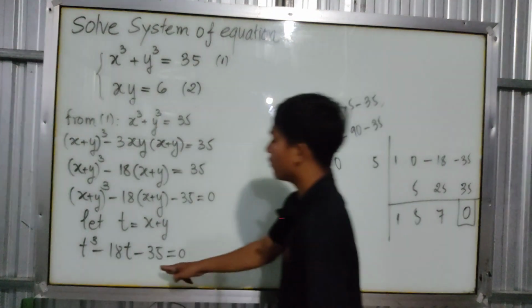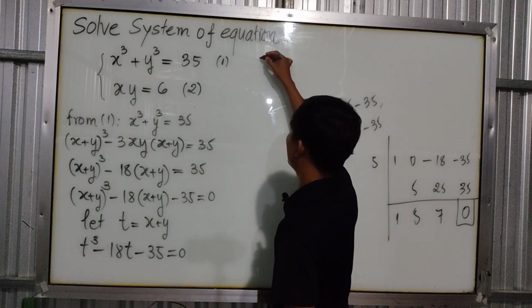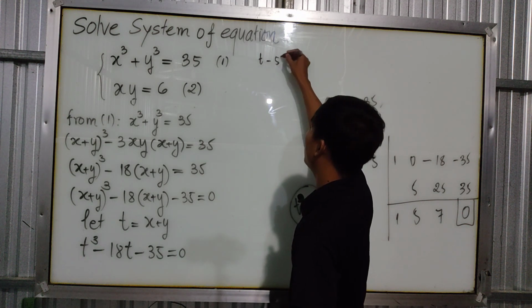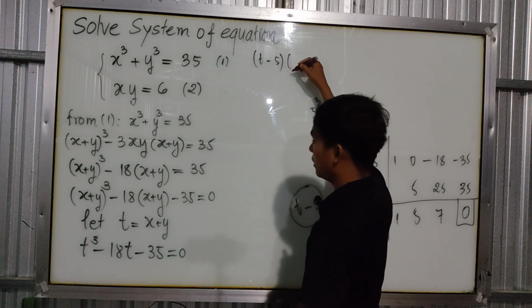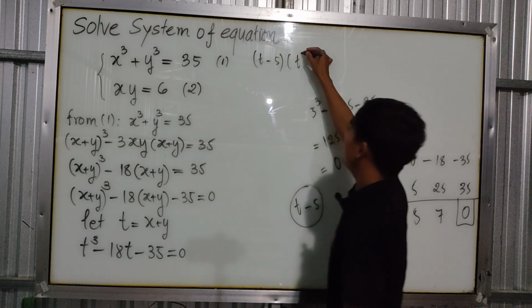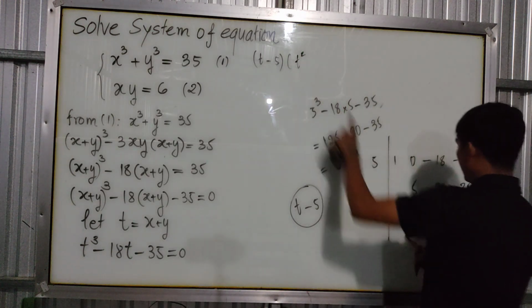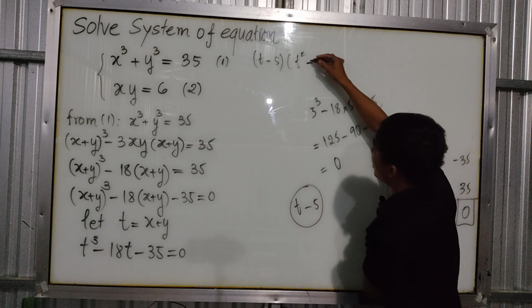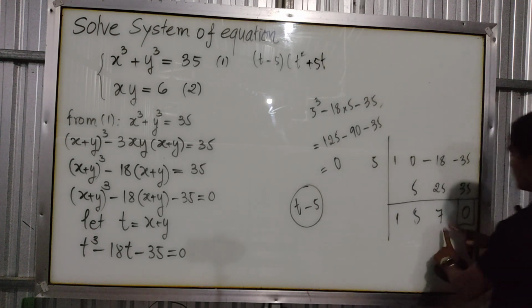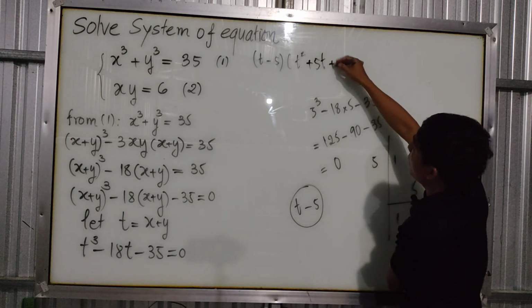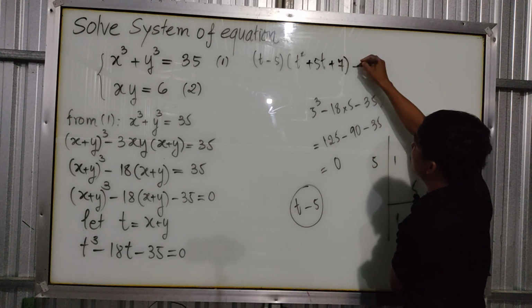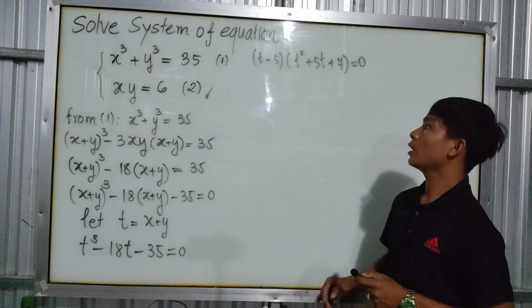So we can write the equation as (t minus 5) multiplied by (t squared plus 5t plus 7) is equal to 0.